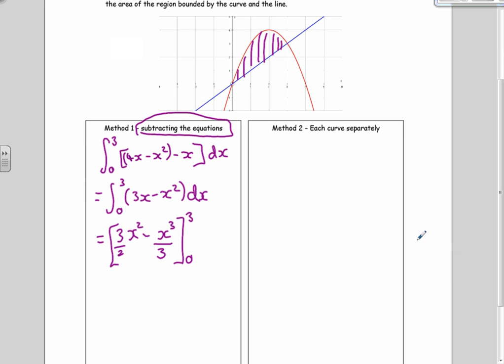So when I substitute 3 into this, well, 3 squared is 9. 9 times 3 is 27. So I have 27 over 2. Minus, when I substitute 3 in here, I get 27 over 3, which is just 9.